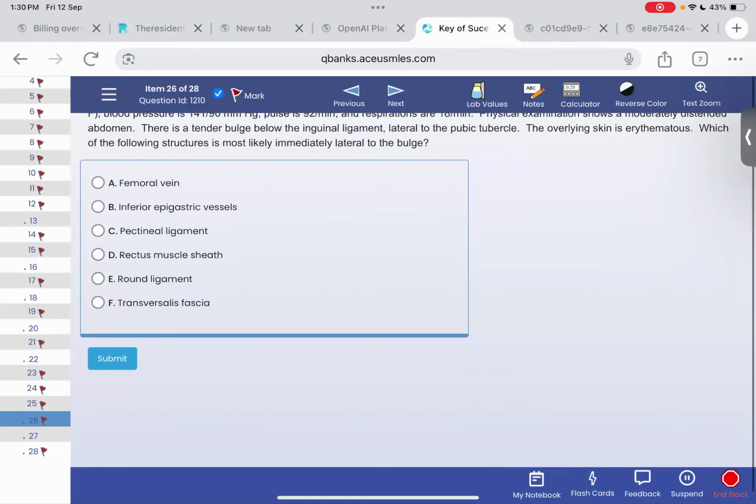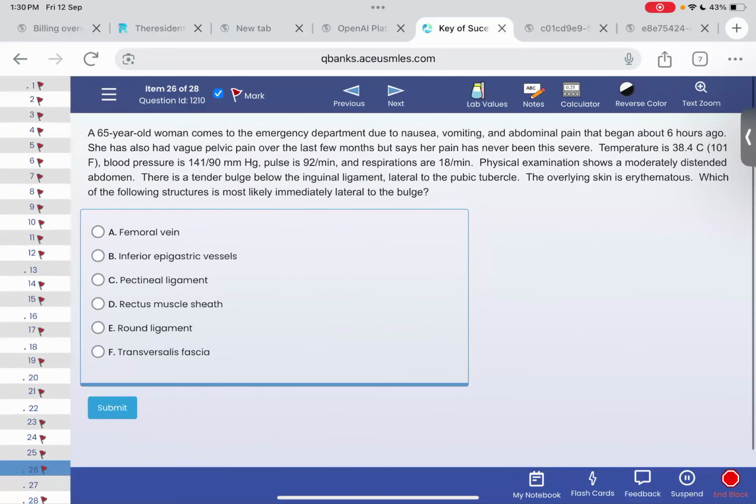Now, come on. A 65-year-old woman comes to the emergency department due to nausea, vomiting, and abdominal pain that began about 6 hours ago. She has also had vague pelvic pain over the last few months, but says her pain has never been this severe.